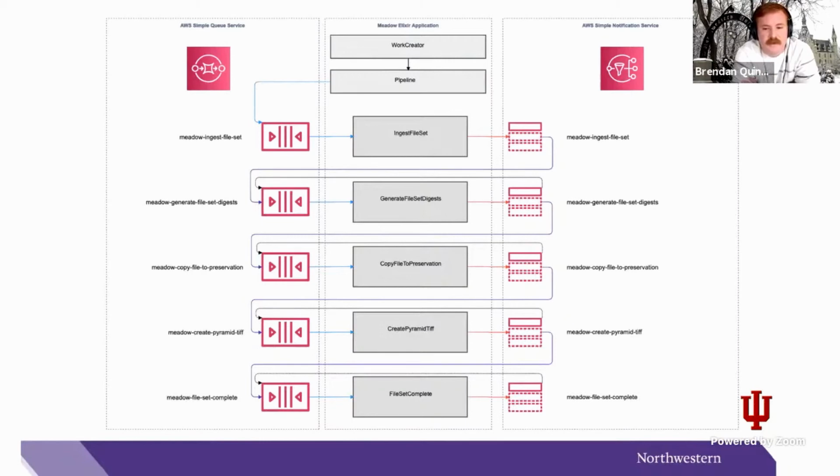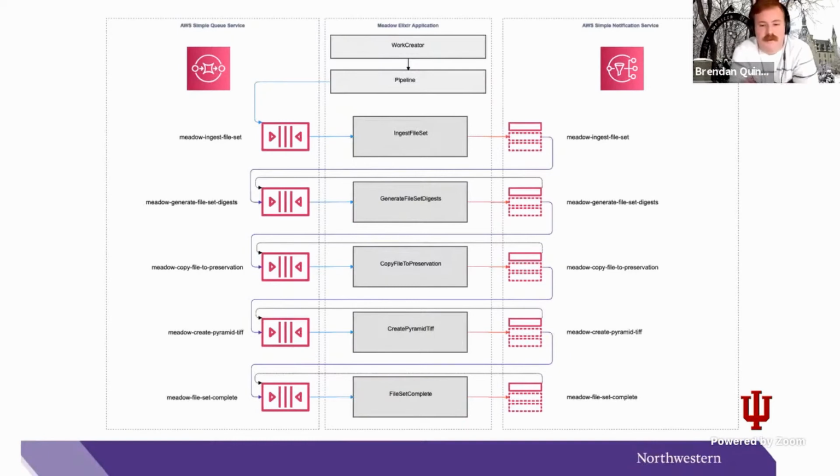Each action updates the file set's progress internally in a database table, does some work, and then sends an update that we use as a basis for publishing WebSocket notifications and power things in the UI. And then after the work is performed, the actions send process data to an SNS topic.